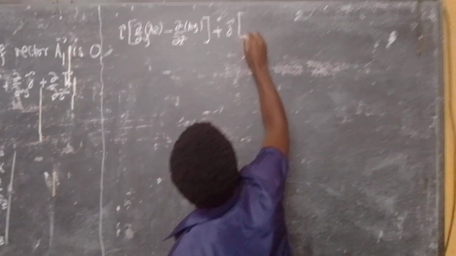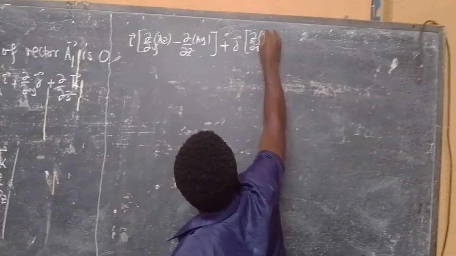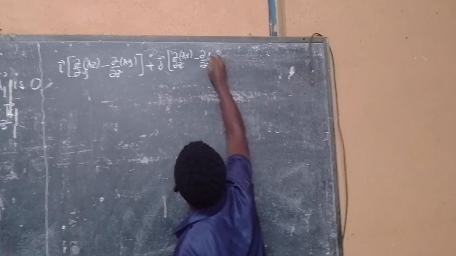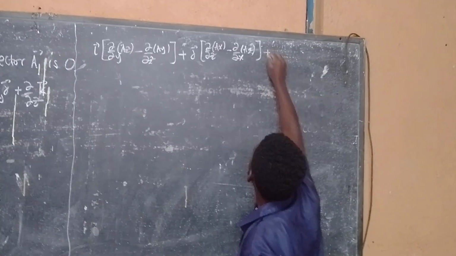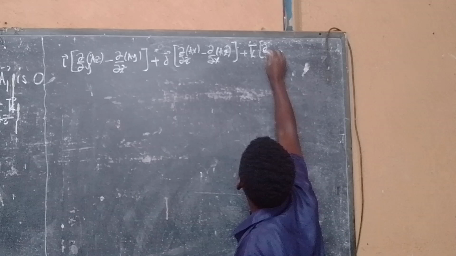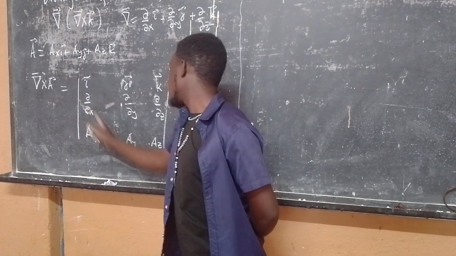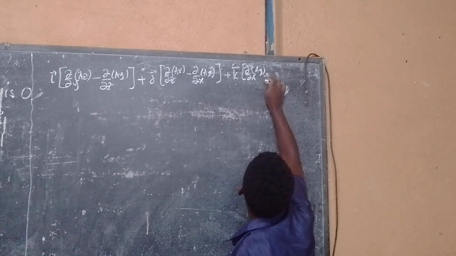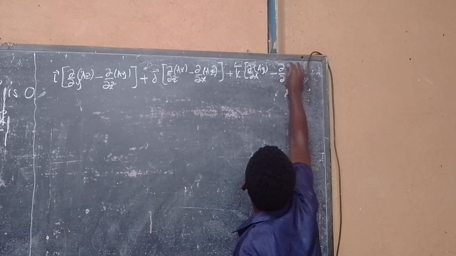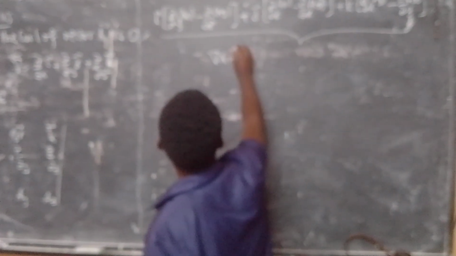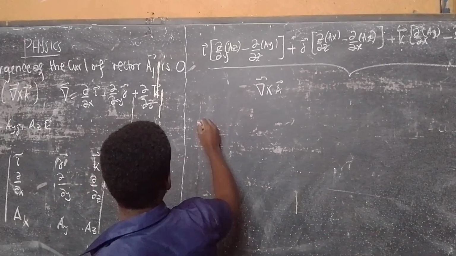So we're going to put partial z of ax minus then partial x of az, then plus k, partial derivative with respect to x, ay, with x, then minus derivative with respect to y, then ax, and this one is the curl of A. So we have this one.